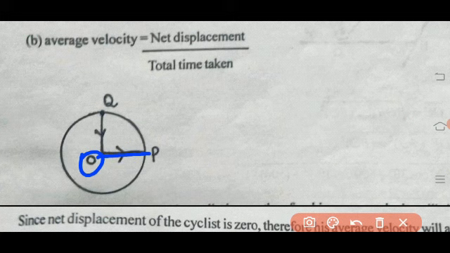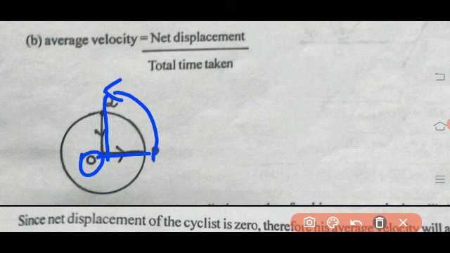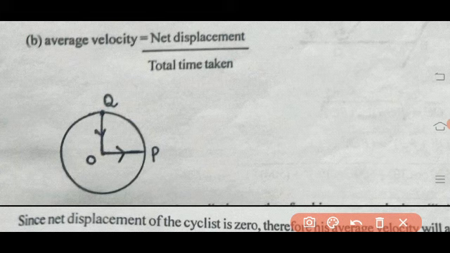Okay, then along the circumference he reaches the point Q. Afterwards, once again he comes to the point O radially inward. Okay, so this is the diagram. So we need to find what is the total displacement. The first question is what is the net displacement?